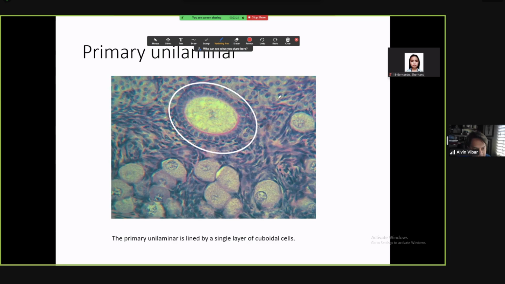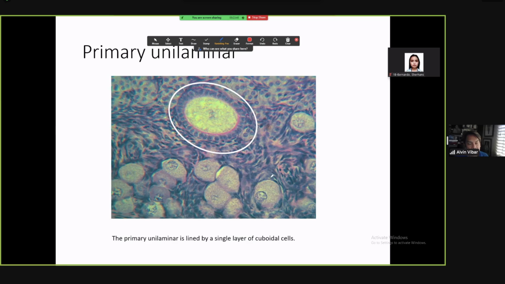Some books will call it primary follicle, but for uniformity, we're going to call it primary unilaminar. Notice the appearance of a structure that will immediately surround the developing egg cell. The pinkish structure, we call the zona pellucida.